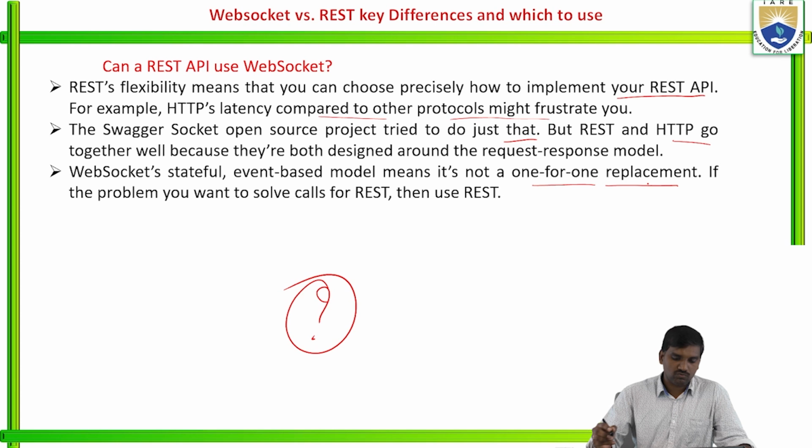If the problem you want to solve calls for REST, then use REST. So, can a REST API use WebSocket? It depends on the application, as you can assume in your mind.